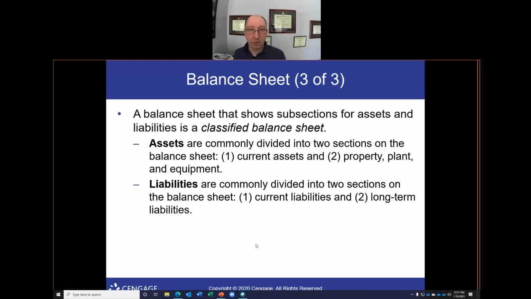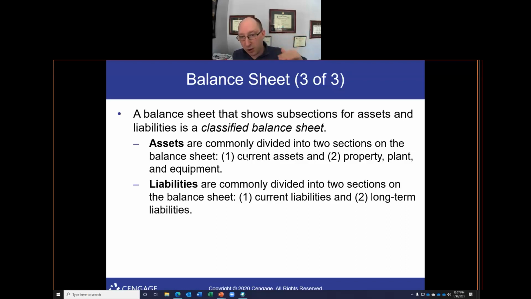That's where they're found anyway. Balance sheets are organized in subsections, assets and liabilities. Just as we talked about, current assets, property, plant, and equipment, those are all assets. But it's always listed out that way. Every balance sheet's the same exact way. Assets, liabilities, equity.